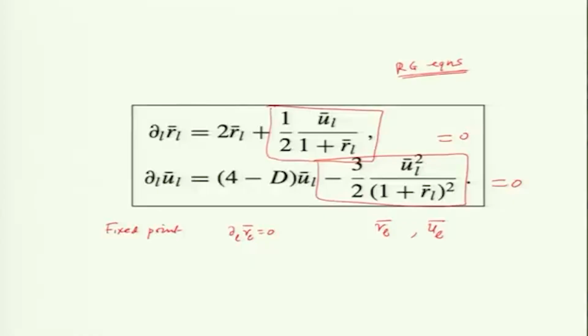okay, and that is what we will study. In fact, one fixed point you can easily guess. What is one fixed point? 0, 0 is a fixed point, no. If RL is 0 and UL is 0, then it will remain there forever. Okay. So that is a fixed point, and please remember one more point.